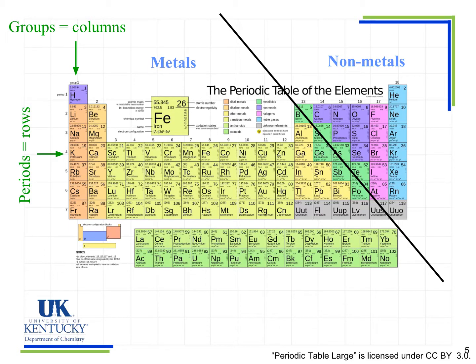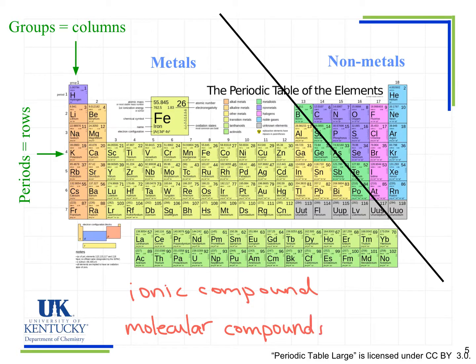So on the left side of the periodic table we have metals, and on the right side of the periodic table we have nonmetals. So earlier we talked about our ionic compounds and our molecular compounds. And we can identify ionic and molecular compounds based on the elements that are inside that compound.